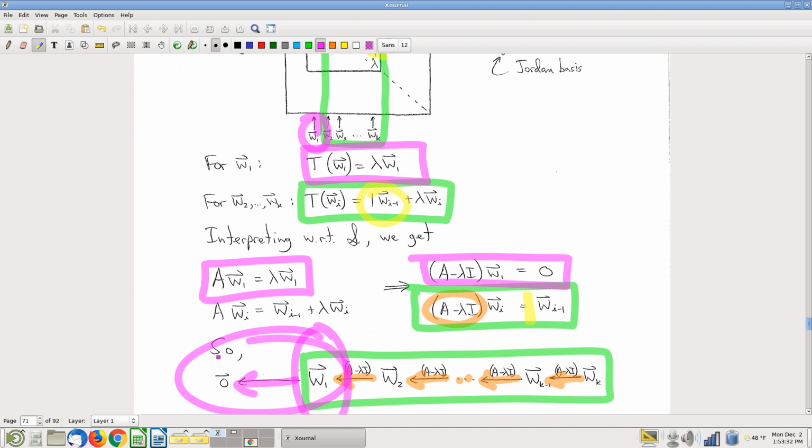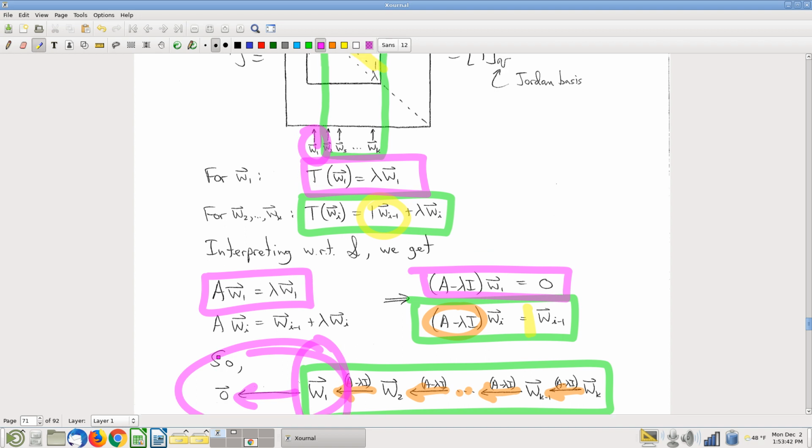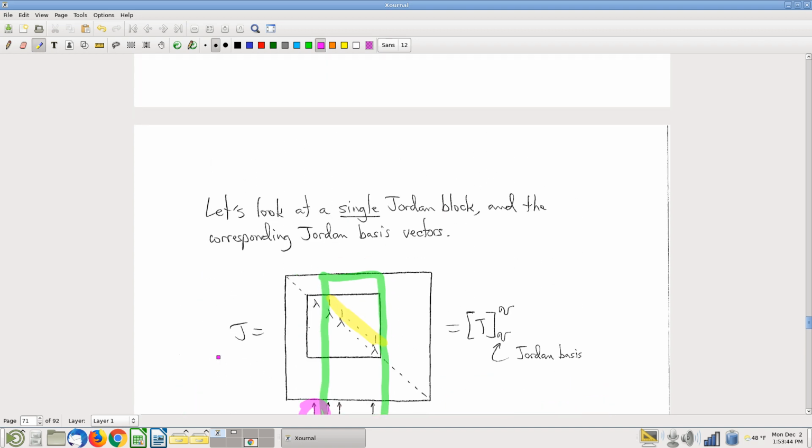So the end of the story is sort of inconsistent with what was happening before, but that's just an immediate consequence of how Jordan blocks work. Jordan blocks have these ones just above the diagonal, which means that the top left has nothing just above it, and therefore different algebra.